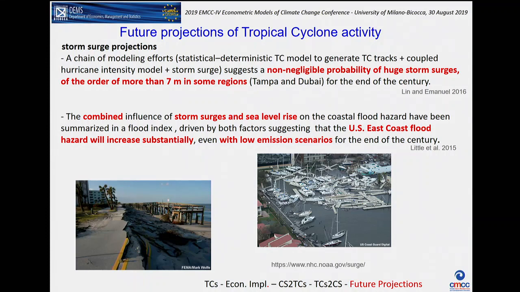Also, this is something that is going to affect significantly at least the US coast, and there are recent works that are suggesting that we have to pay more attention to the combined influence of storm surge and sea level rise in the future.